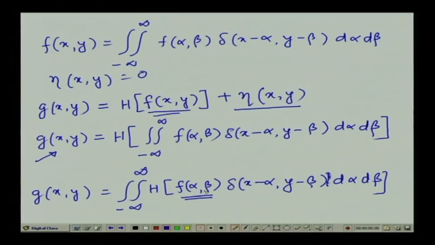So, because the term f(alpha, beta) is independent of the variables x and y, this same expression can now be rewritten in a slightly different form. That form gives us that g(x, y) can now be written as the same double integral. We take f(alpha, beta) outside the scope of the operator h.